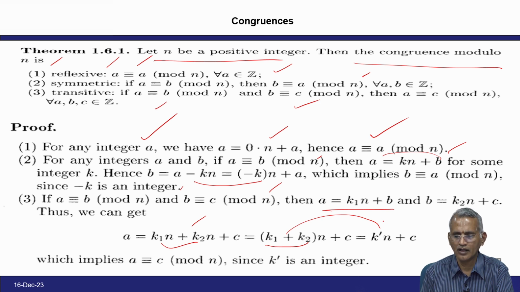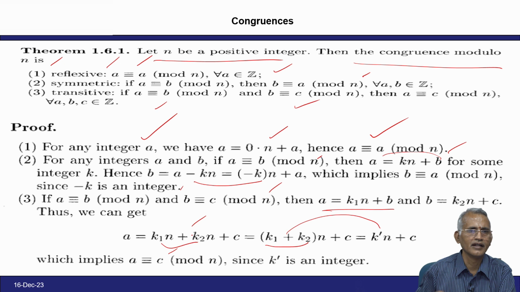Obviously a is identically equal to c under modulo n, since k dash is an integer. So, this way we can prove the congruence relation also satisfies an equivalence relation.